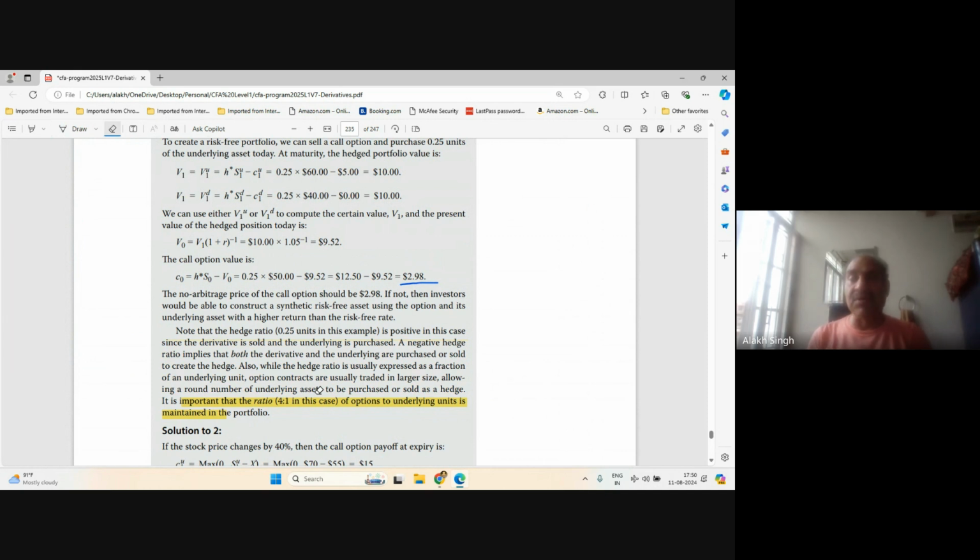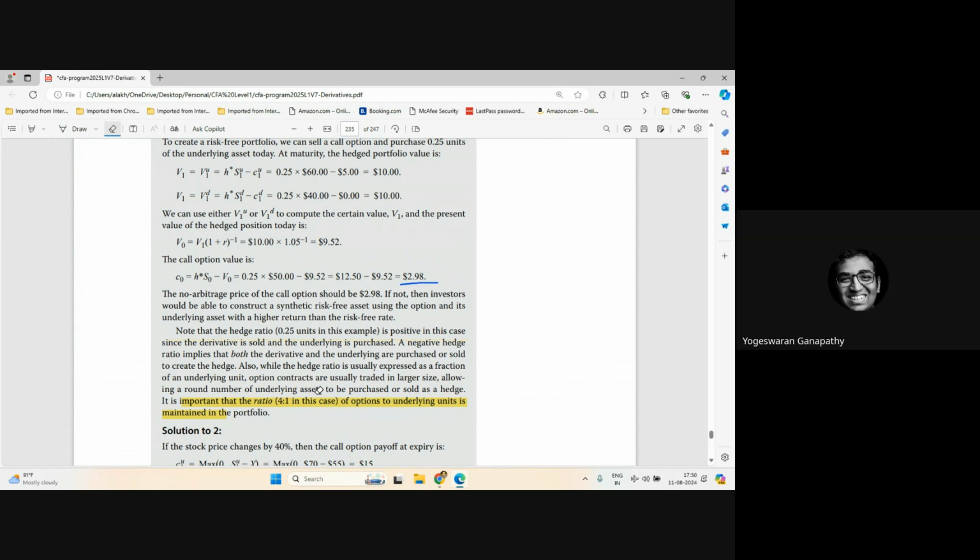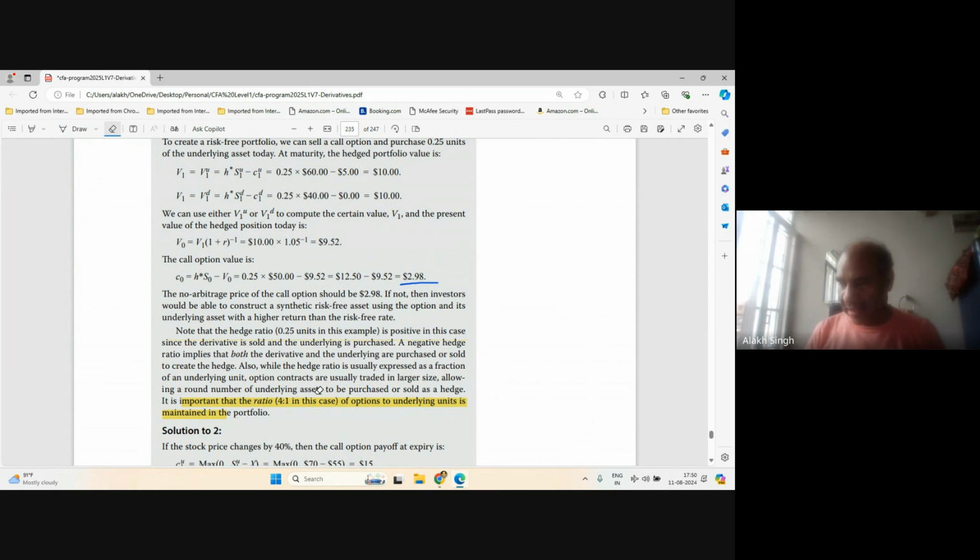we have to buy both, because in a put, when the price goes down, only then does the put come in the money. So we have to use a protective put. Means we are buying the underlying as well as the put. So in that case, the hedge ratio will be negative.